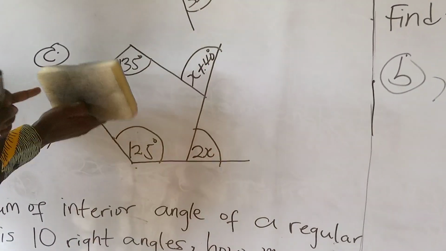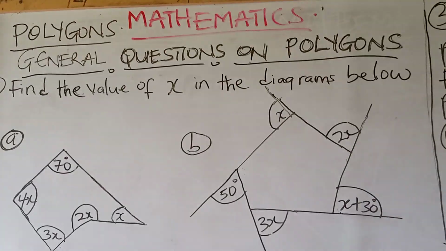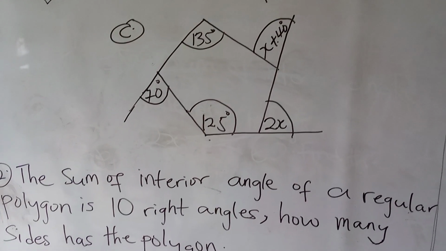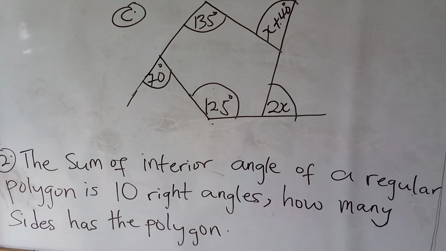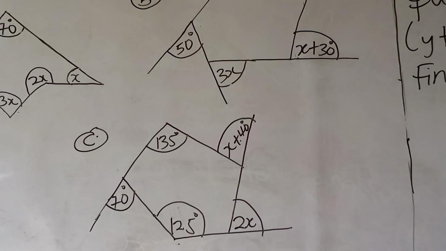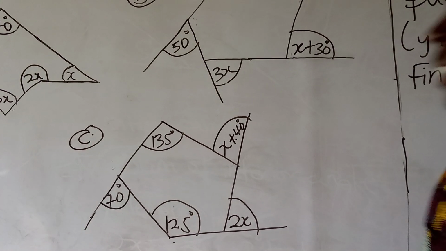Now let's move on to diagram C, the third diagram. We now have some exterior angles and some of the angles are interior angles.